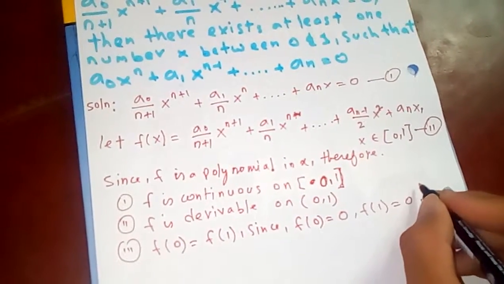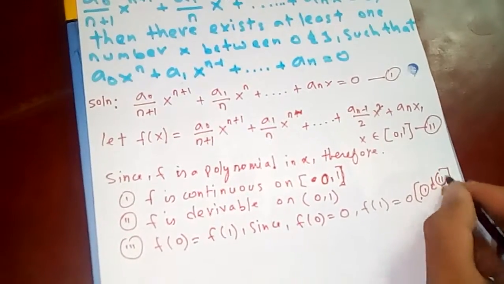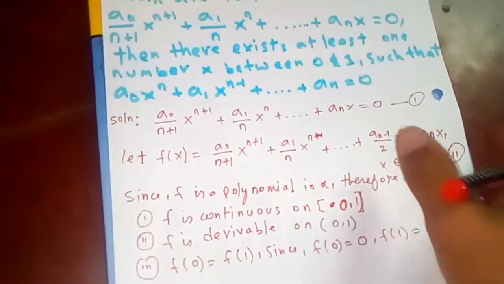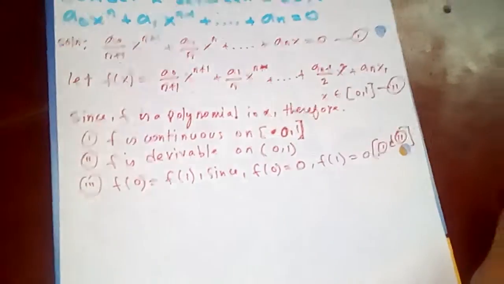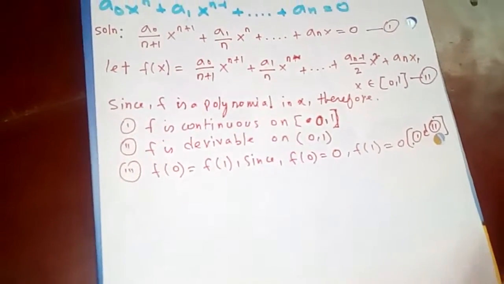This is from equation 1 and 2 you get. Now that means our Rolle's theorem is satisfied.